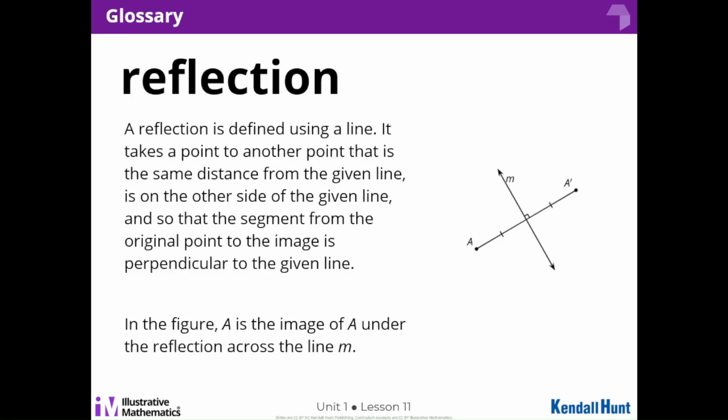So looking at the image on the right in the figure, A' is the image of A under the reflection across the line M. So M would be considered its perpendicular bisector. So we can simply take A and reflect it across M to create A prime. It's the same distance away, so we would consider A as the original and A prime as the image.